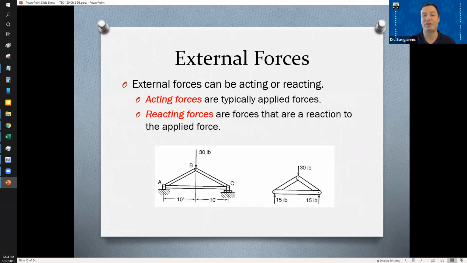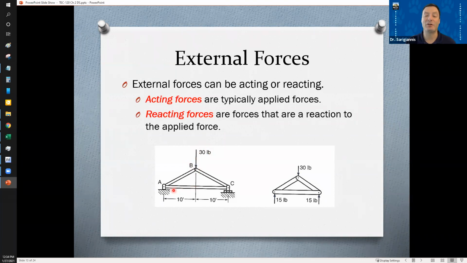When you talk about external forces, you can have acting forces or reaction forces. In this picture down here, an acting force would be something like this 30 pounds, right? It's an applied force and it's acting on this structure.